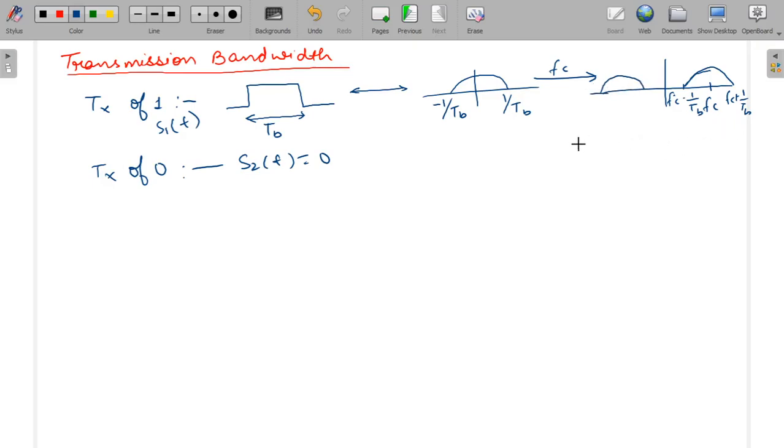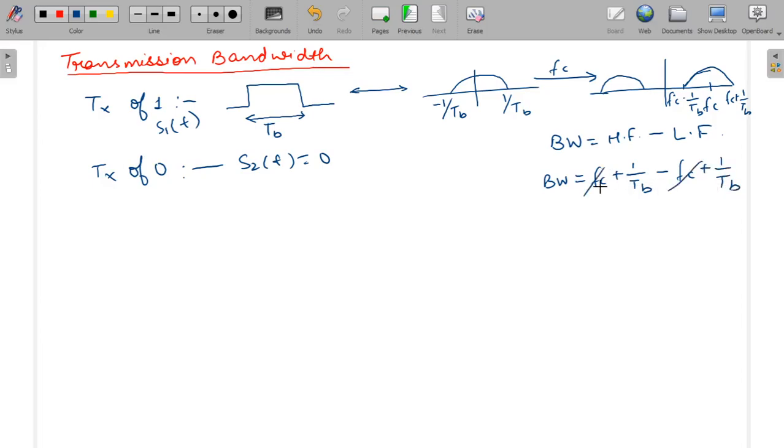So what will be the bandwidth? Bandwidth will be the highest frequency component minus the lowest frequency component on the positive axis. So this will be equal to fc plus 1 by Tb minus (fc minus 1 by Tb).